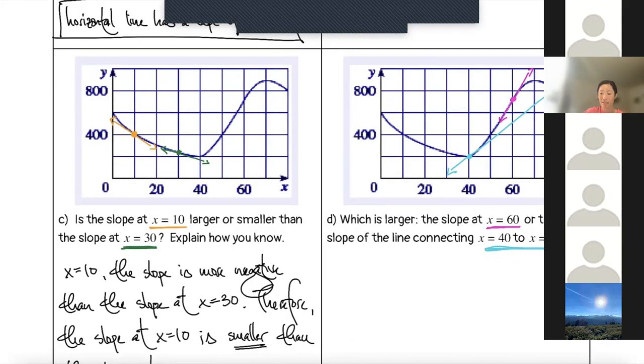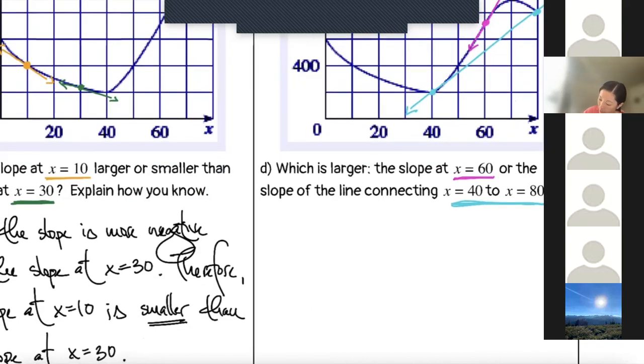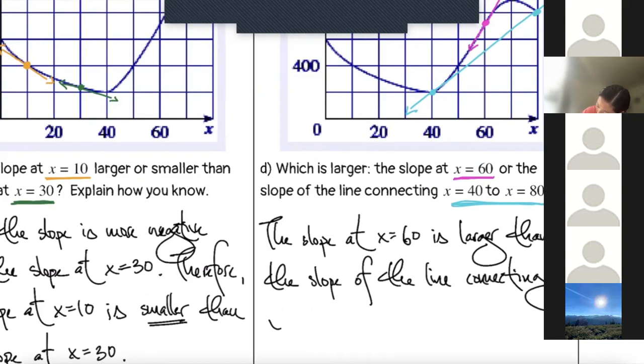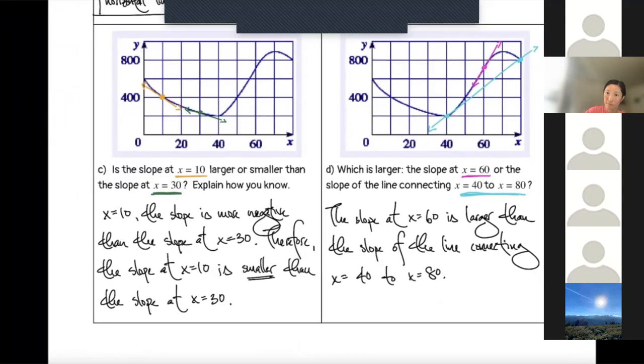And since we're thinking about positives, it's not weird like part C, right? The bigger the positive number, the bigger the number. So we can say that the slope at x equals 60 is larger than the slope of the line connecting x equals 40 to x equals 80. Okay.